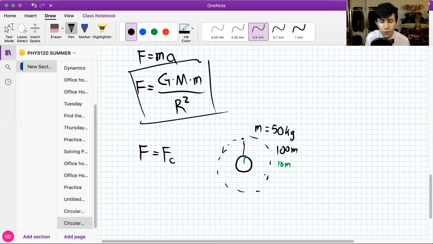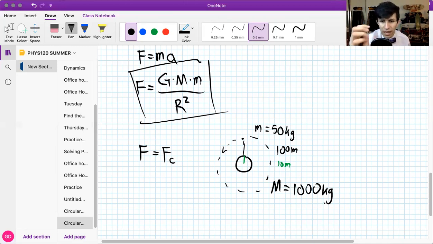The mass of this little asteroid, big M, let's just say it is 1,000 kilograms. My question is, what speed do I need to have in order to keep a perfect circle around this asteroid?